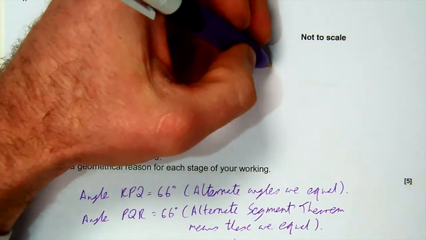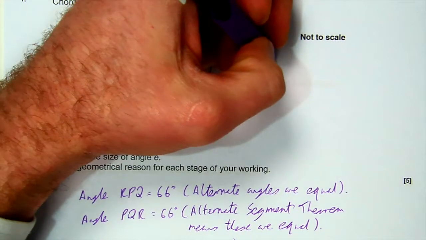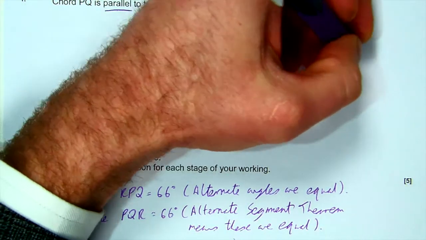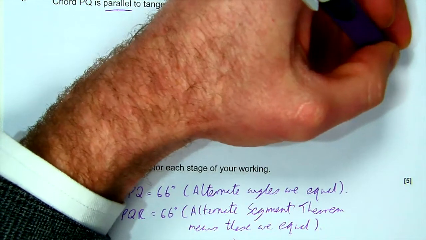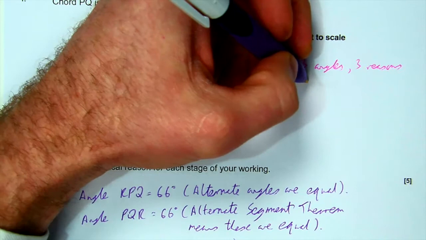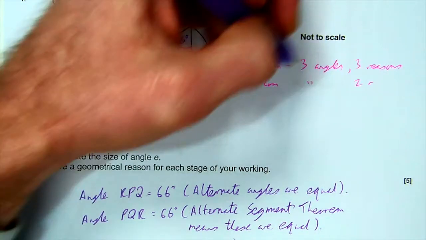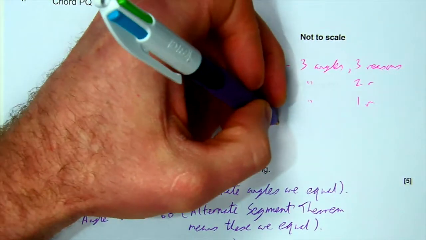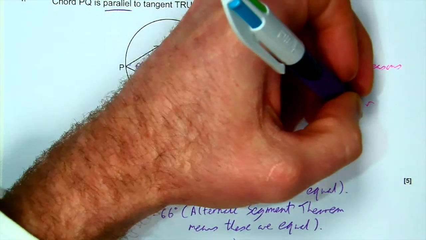Okay, so you're aware in terms of the marks for this question: you get all 5 marks for the 3 angles and 3 reasons. 4 marks for the angles but only 2 reasons. 3 marks for the angles and 1 reason. 2 marks for the angles but 0 reasons.